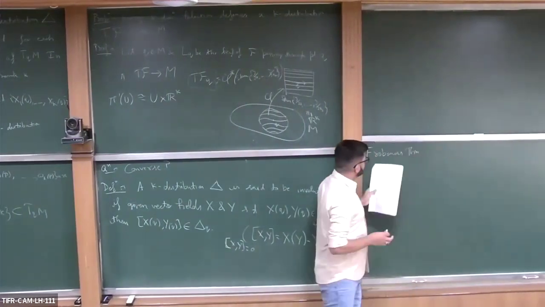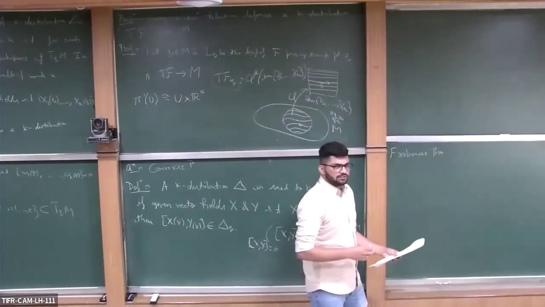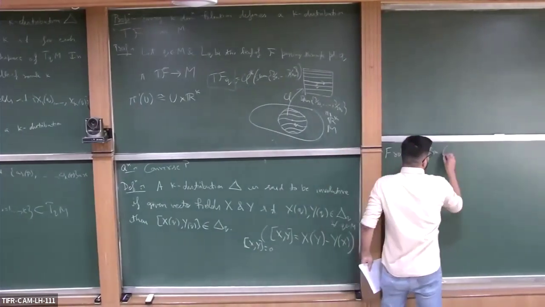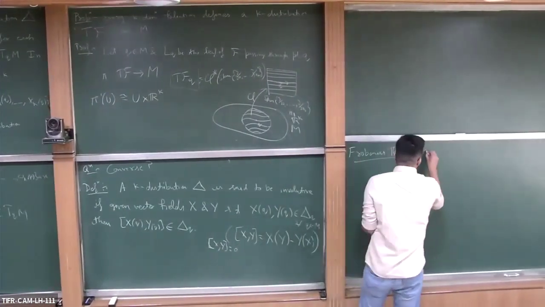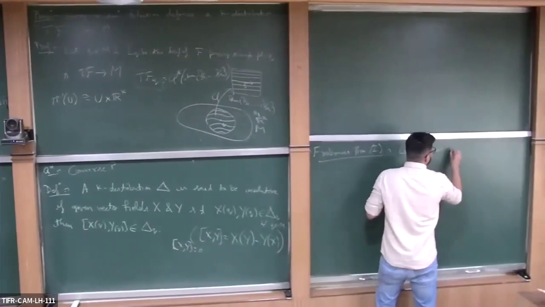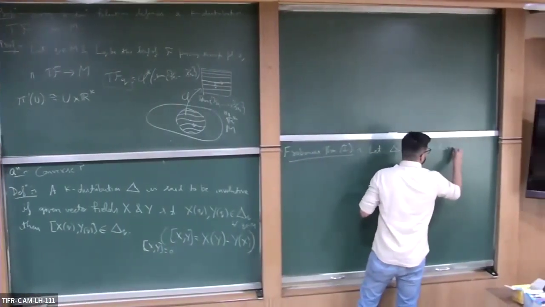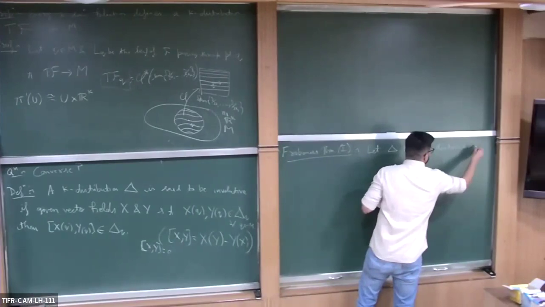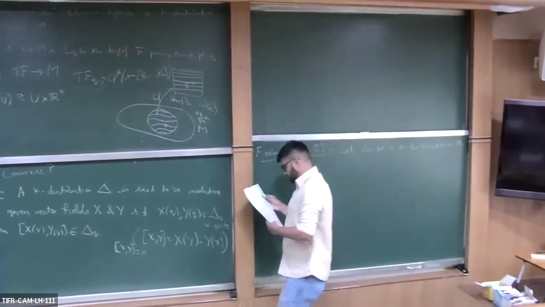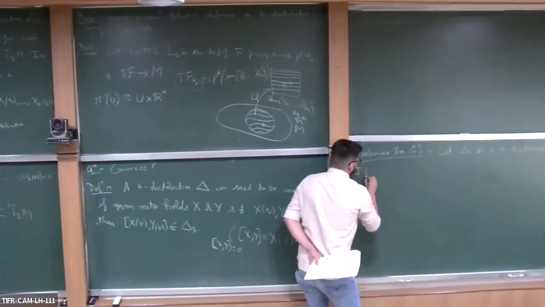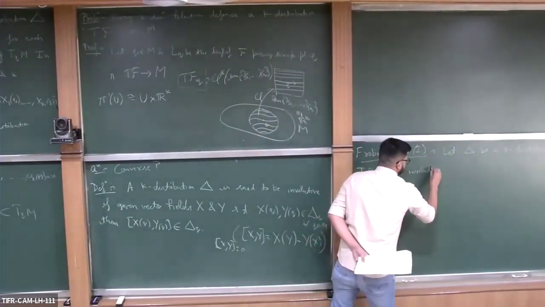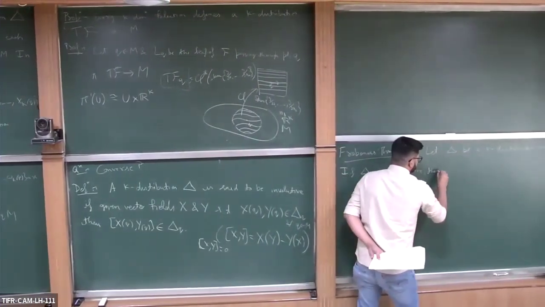There is another version of the Frobenius theorem. Let me first state this one, then I'll state the one in terms of one forms. It says let delta be a k distribution. Then delta is involutive if and only if it is completely integrable.